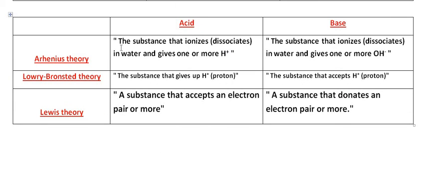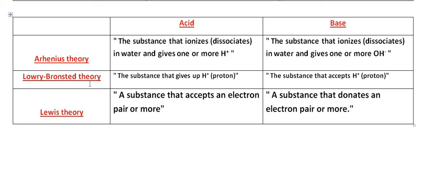This is the summary of the three theories: Arrhenius, Lowry-Bronsted, and Lewis. This is the definition of each one. The substance that ionizes in water and gives one or more H plus is an acid according to Arrhenius. The base is the substance that ionizes or dissociates in water and gives one or more hydroxide ions.